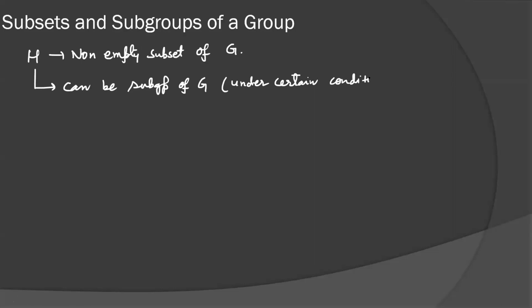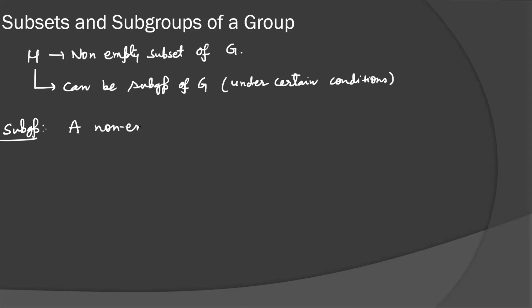Remember my point? Every subset of G cannot be a subgroup. A subset which holds some certain conditions will be a subgroup of G. So what are those conditions? Let's see. What is the definition of subgroup? I'm going to discuss it here firstly.